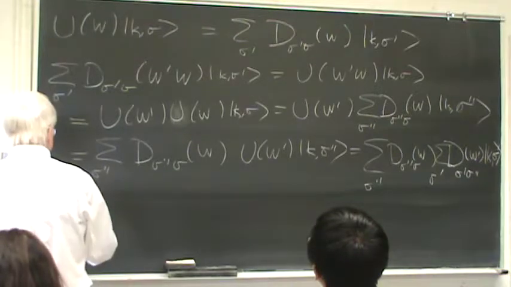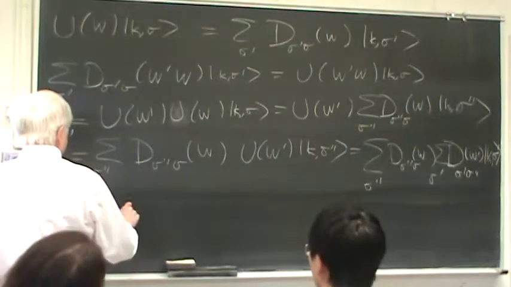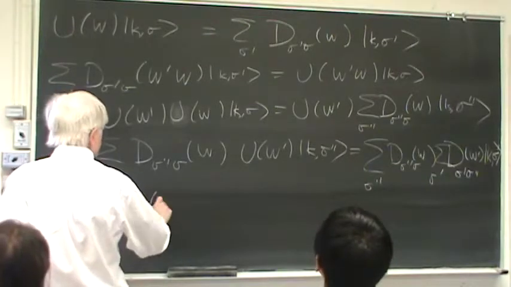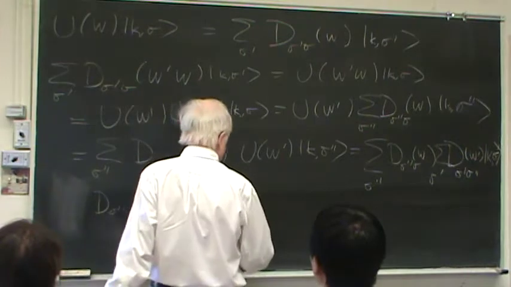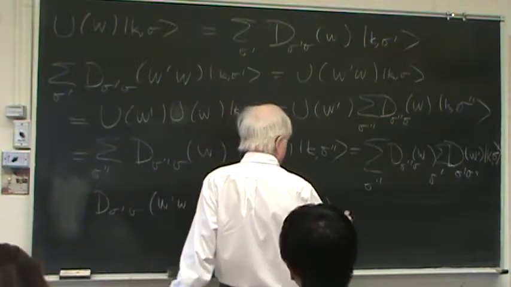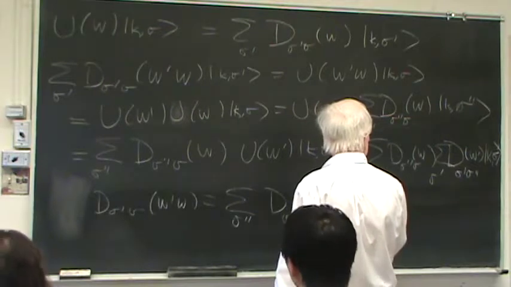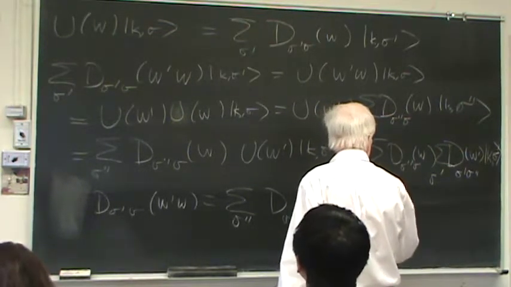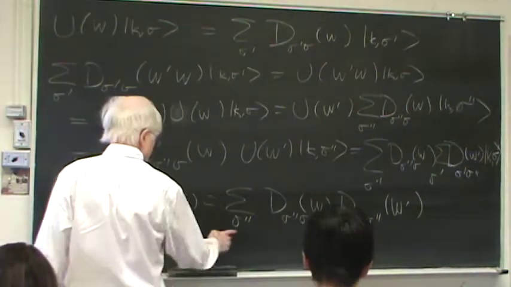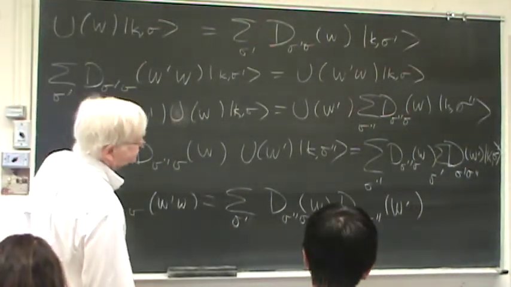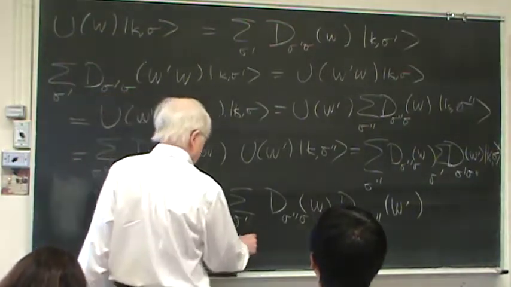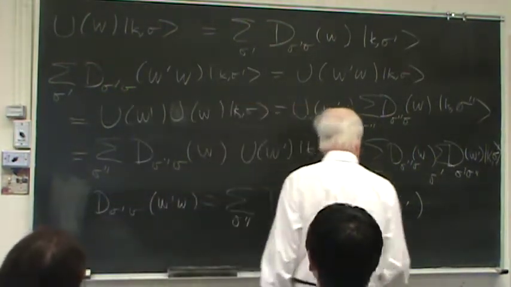In other words, to put it more simply, what we found is that D sigma prime sigma of W prime W is some sigma double prime, D sigma prime sigma double prime of W prime, D sigma double prime sigma of W. Let me get the right, I've got the wrong, well, let me just say that if I had gotten everything straight, this would have been it.